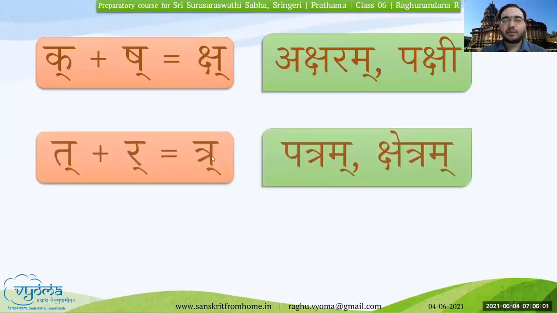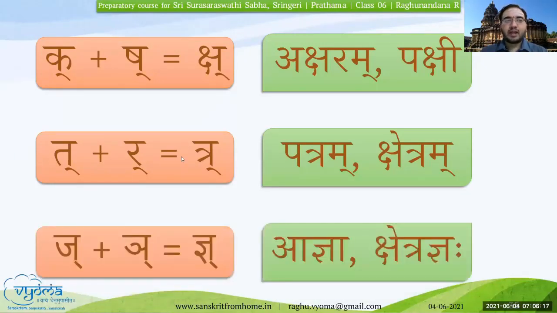Similarly, the next one is T, R, Tra, Patram, Kshetram. In this you can see both these new symbols which are there. We'll go to one more example. Similarly, this one is J plus Nya, the fifth letter of the Chavarga.